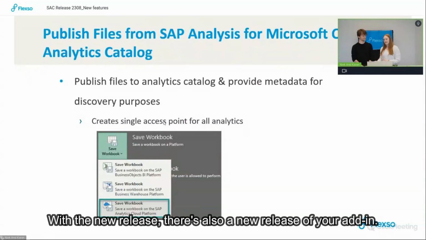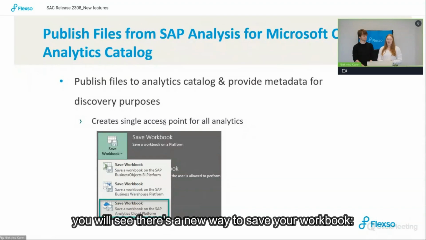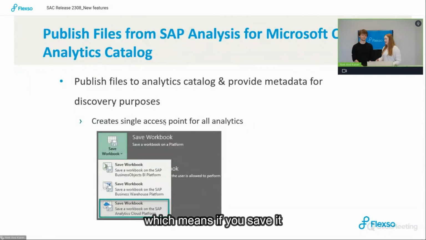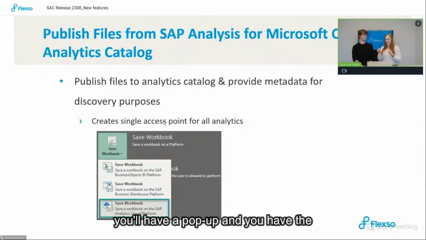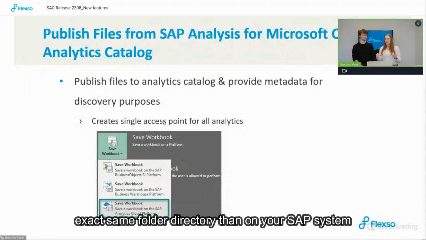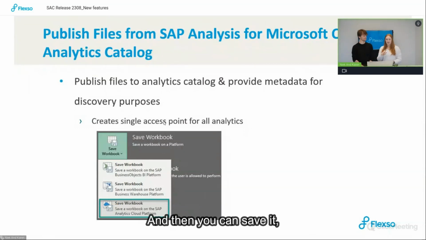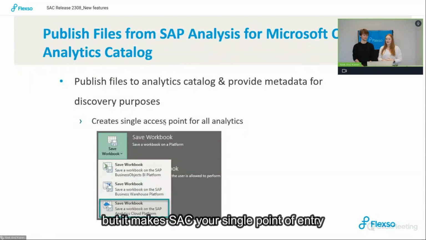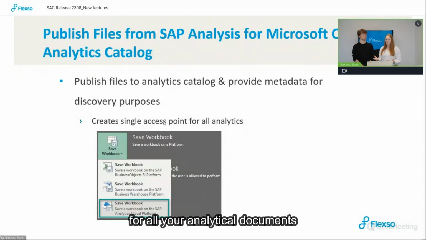With the new release, there's also a new release of your add-in, and if you update your add-in, you will see that you have a new way to save your workbook: save it on the SAP Analytics Cloud platform. If you save it, you'll have a pop-up and you have the exact same folder directory as on your SAP system. You can save it, share it with your colleagues to work together, and it makes SAC your point of entry for all of your analytical documents. Okay. All of them will be there.